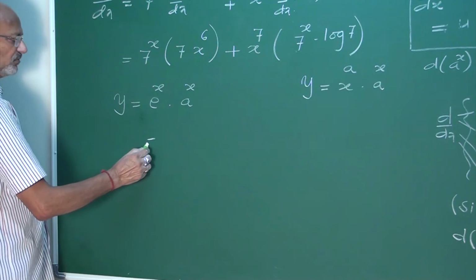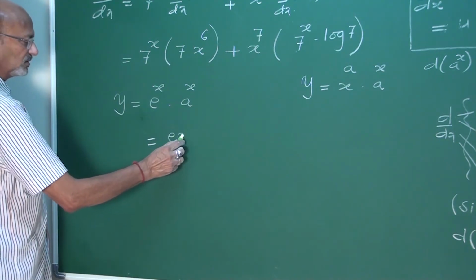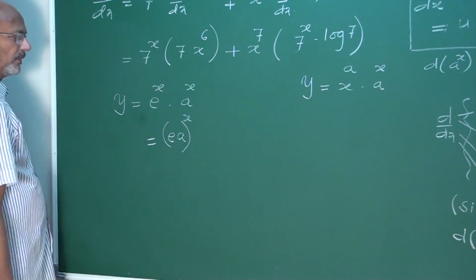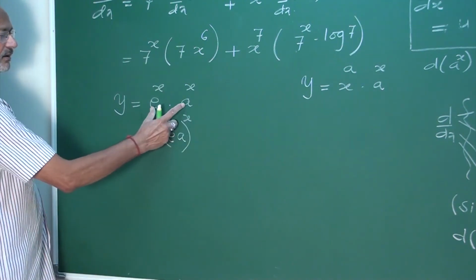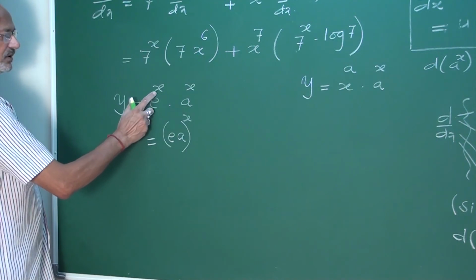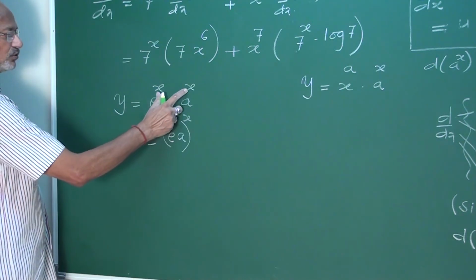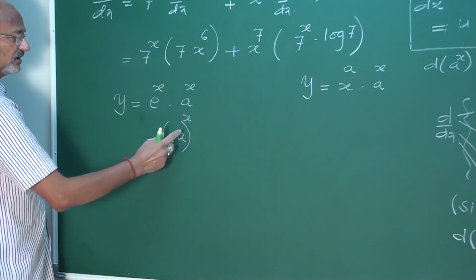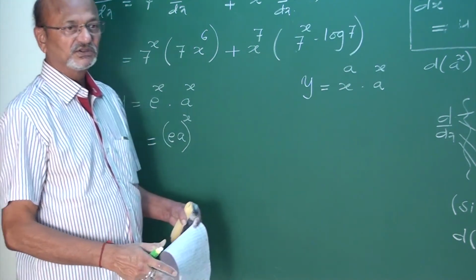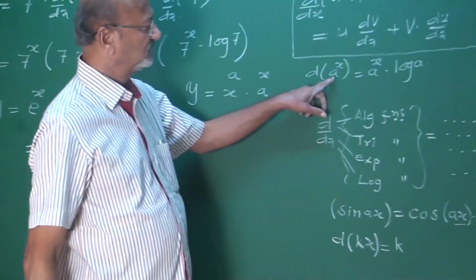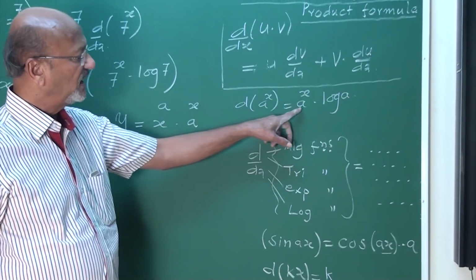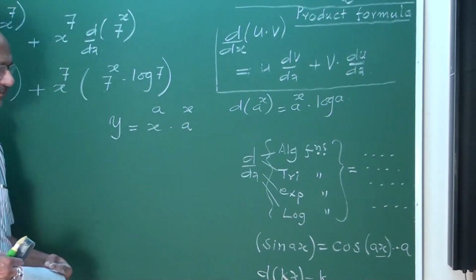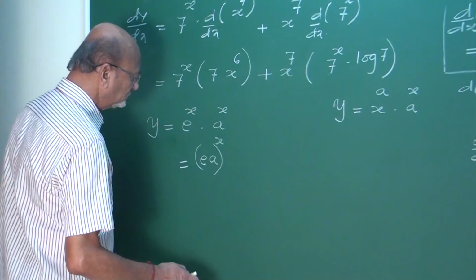Otherwise, you may simplify this. It becomes ea to the power x. Laws of indices: a to the power n into b to the power n is ab to the power n. Now you can make use of this formula. What is that? A to the power x as it is into log of this base. What is the difference here?